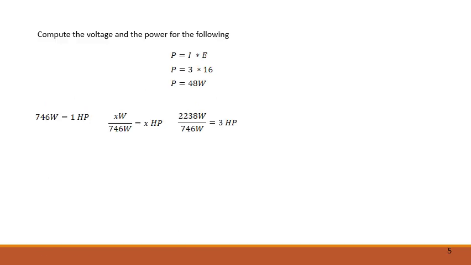Compute the voltage and the power for the following. If power equals current times voltage through the formula, then we can solve this problem given the following conditions in a series circuit. Remember, a series circuit, we have a 16 ohm resistor and a 3 amp load.